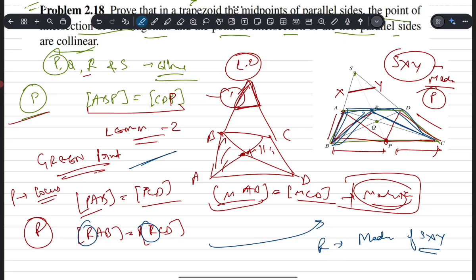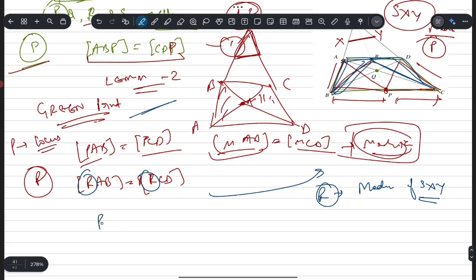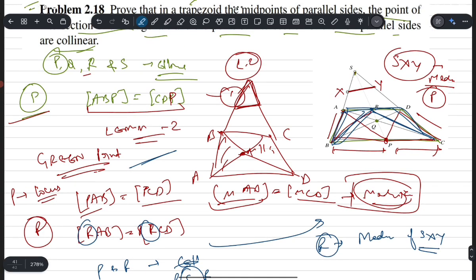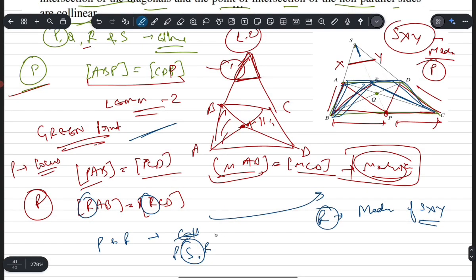So since P and R lie on the same locus, they become collinear. S is the point connecting the median, so S is trivial. So P, S, and R become collinear.